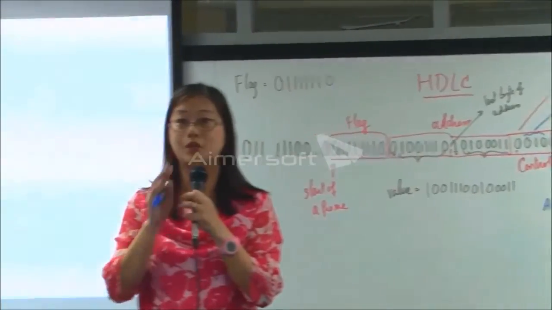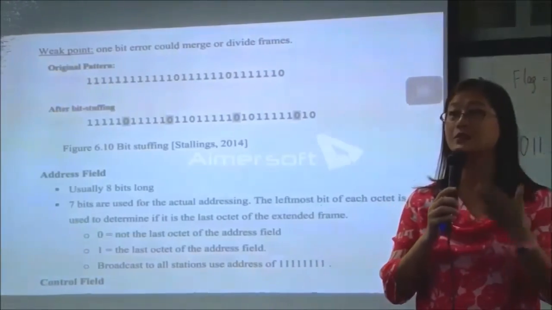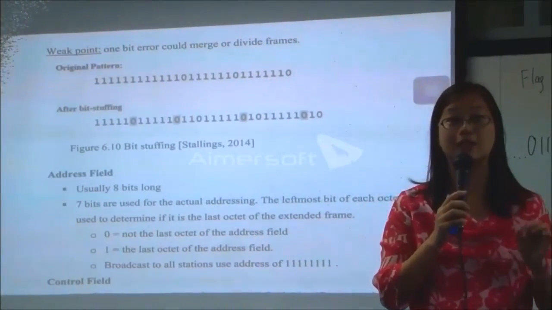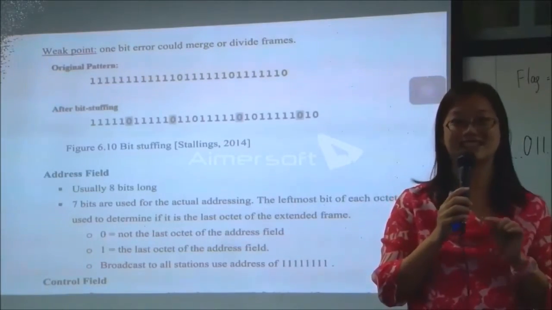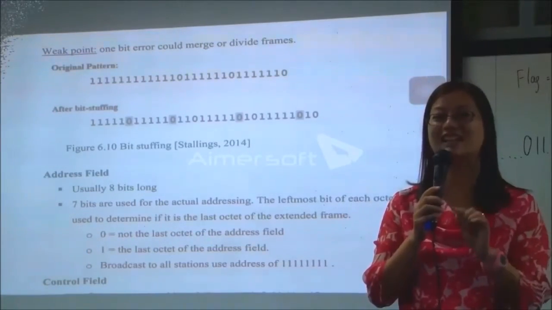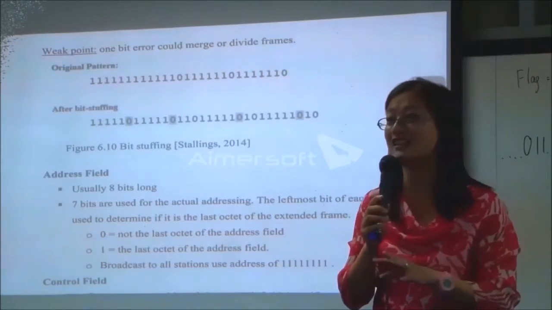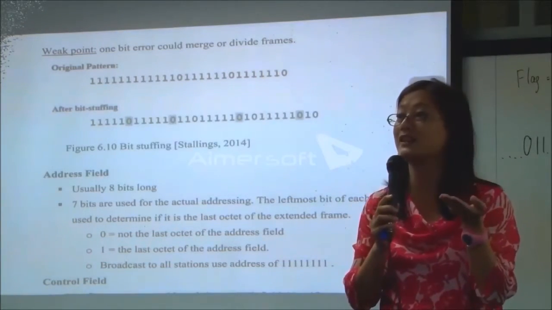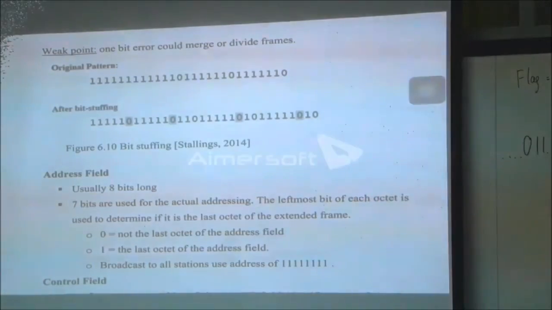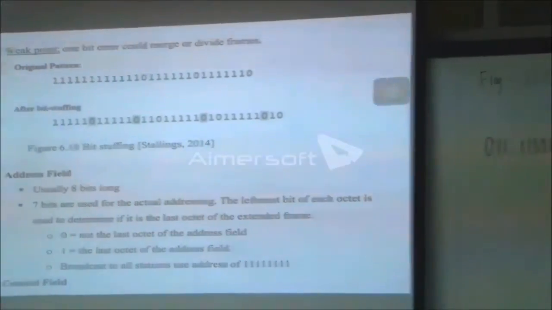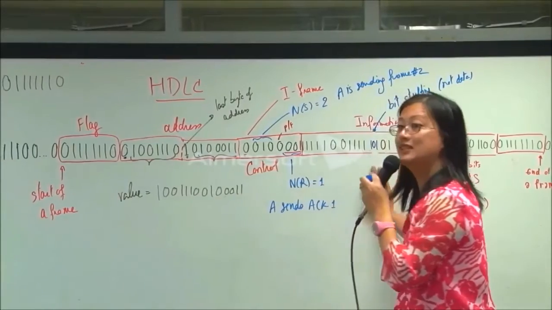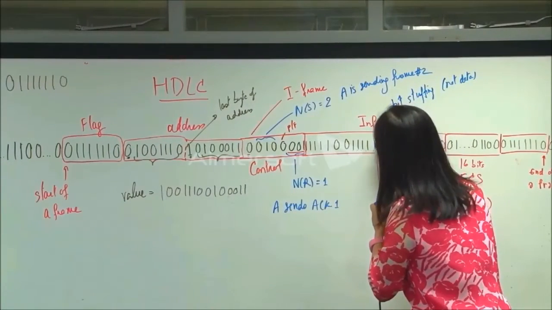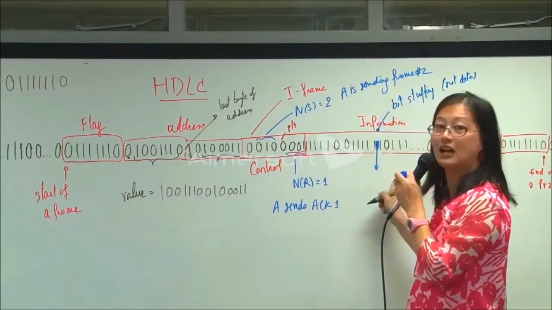At the receiver, what do you do? Because you know that the transmitter always adds a 0 after 5 ones, right? So the receiver just takes it out. When the receiver sees this, every 5 ones, it will just take this 0 away. This is not the data.